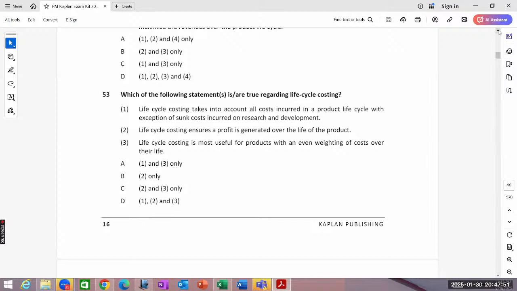Now question 53. Which of the following statements is true regarding life cycle costing? Please read 53 and let me know which statement is true.